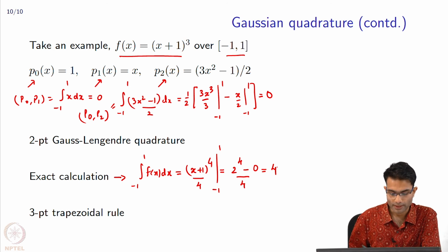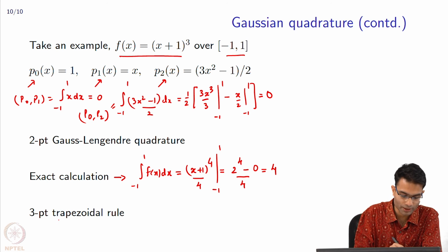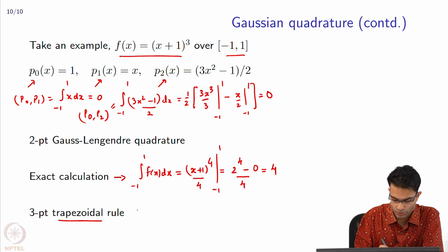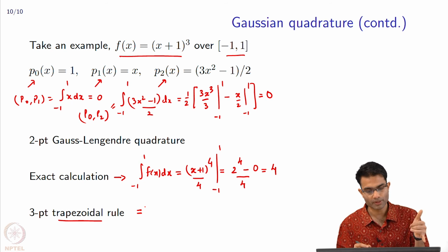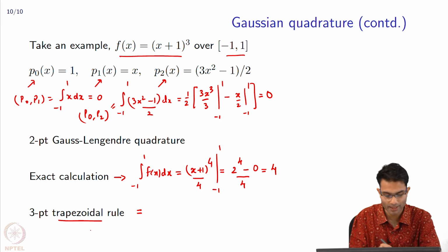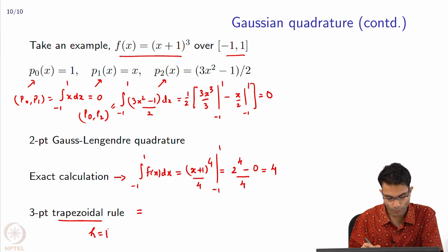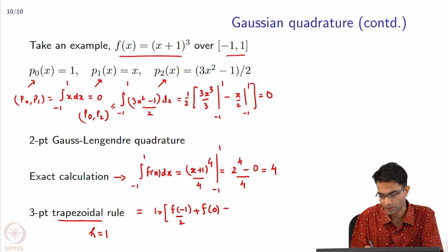Let us try a more expensive evaluation, but using an inferior rule, which is the extended trapezoidal rule. Here there are 3 points between minus 1 to 1, so the spacing h is equal to 1. The 3 point trapezoidal rule will give me 1 into the value of the function at the first point by 2, then f of 0, and then f of 1 by 2.